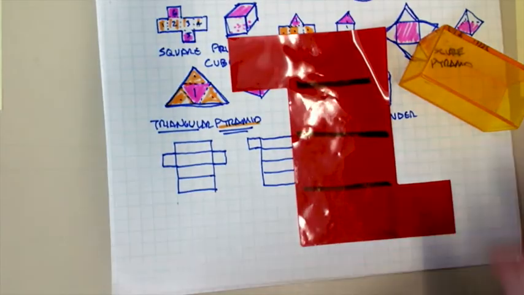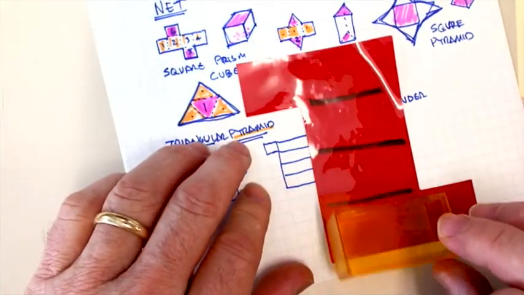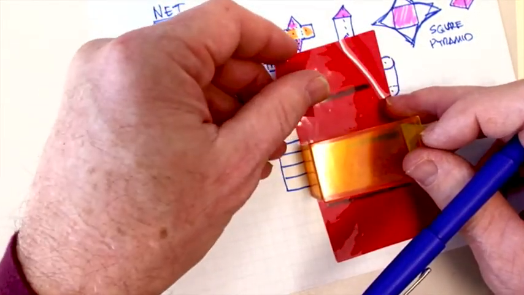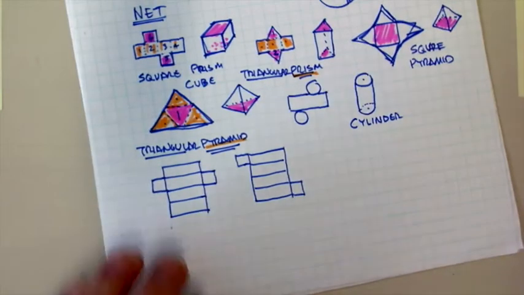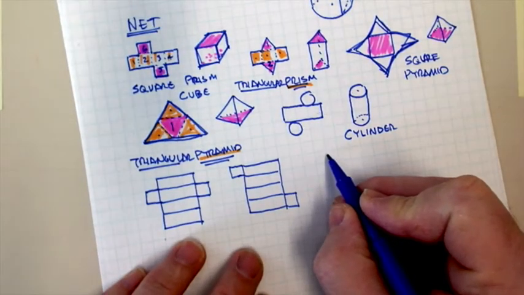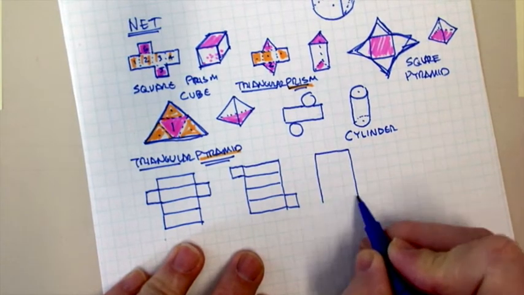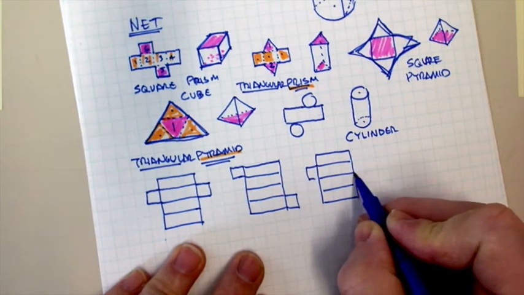Another common way of doing that: 1, 2, 3, 4, and then a square that folds up here, and one that would have folded up there. Those are the two most common ways of drawing those, but I'll quickly show another example here. And I could do it here and here.